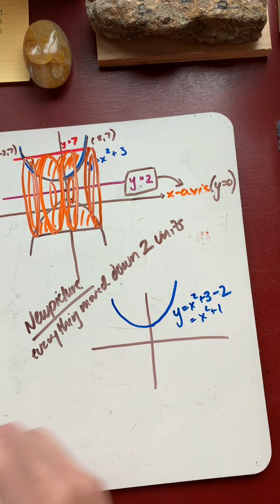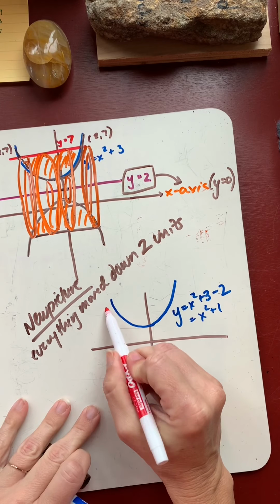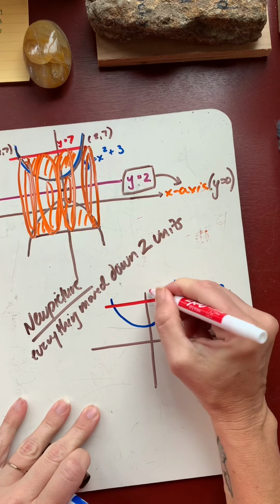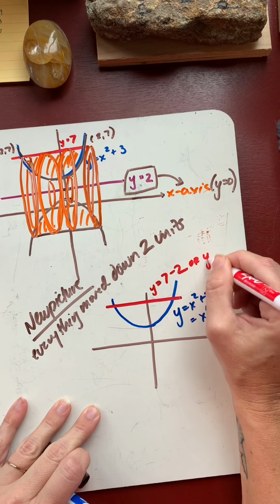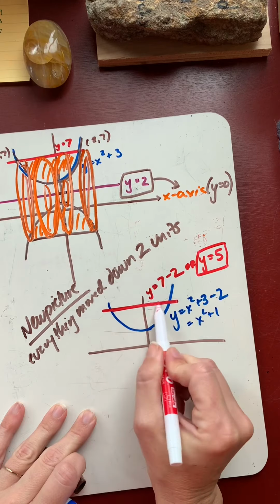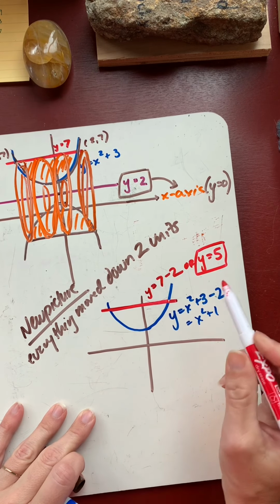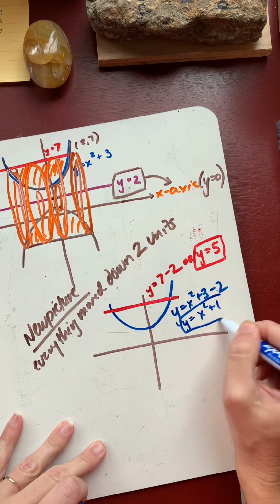The line y equals 7 is not going to be y equals 7 anymore. That new line is going to be y equals 7 minus 2, or y equals 5. So my new top of the figure is y equals 5. My new bottom of the figure is y equals x squared plus 1.